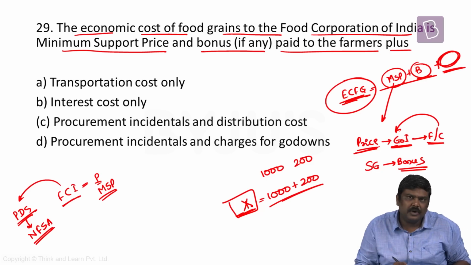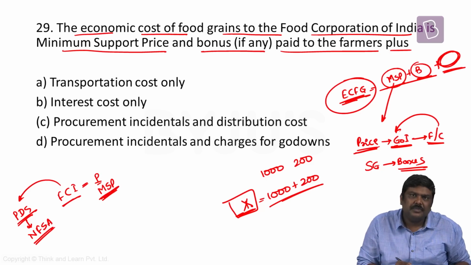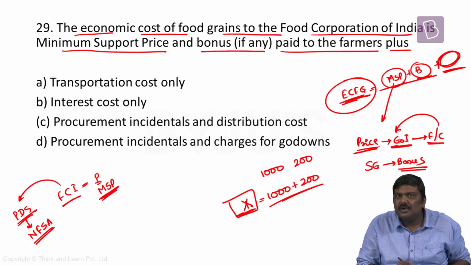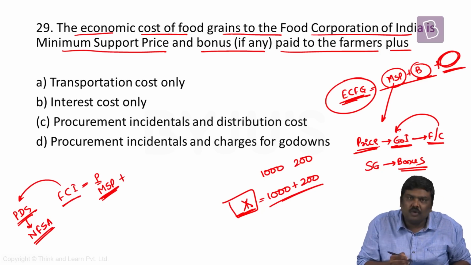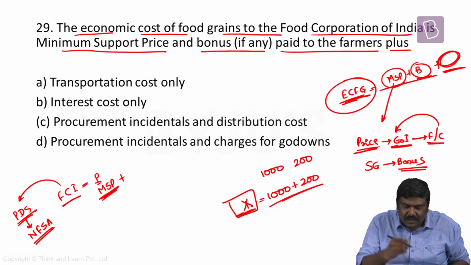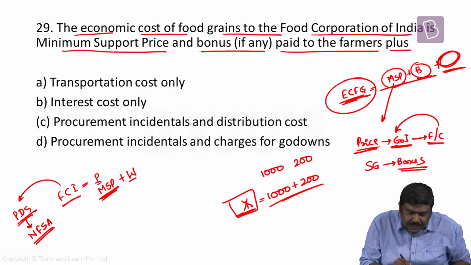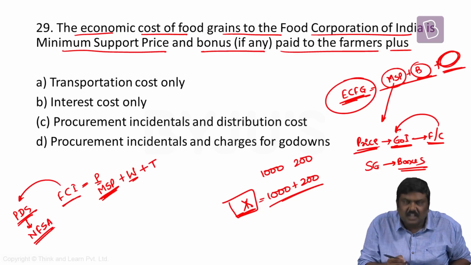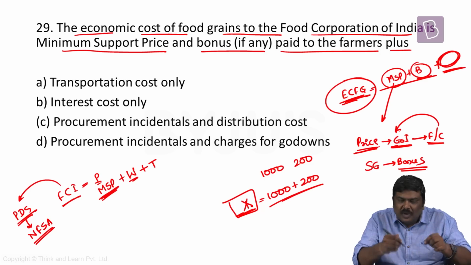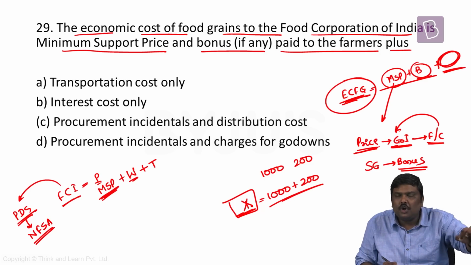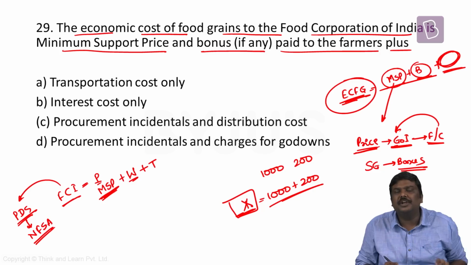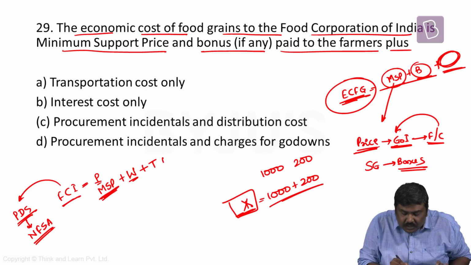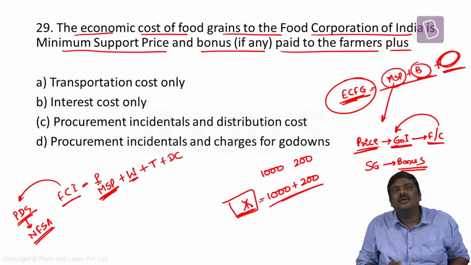But after this, look at this. Once I procure, I will incur MSP. I will bring it to the godown, which will again incur the warehousing cost or godown charges. After this, I will incur transportation cost. And once it reaches the shop where the food grains are distributed, I will also incur the distribution cost.